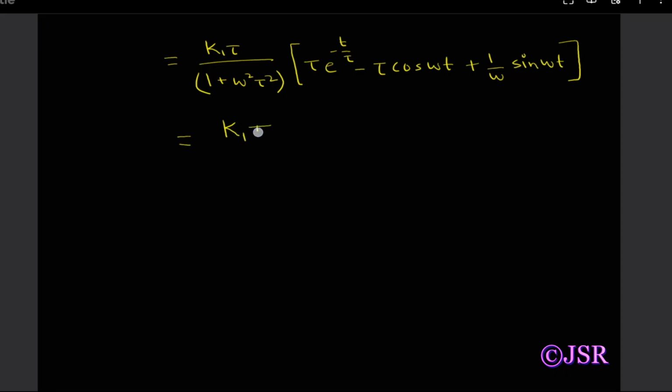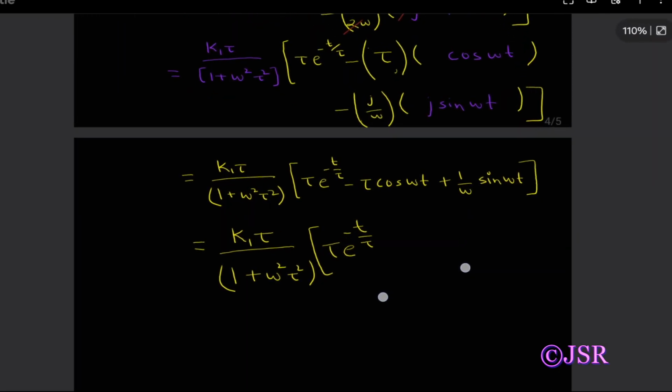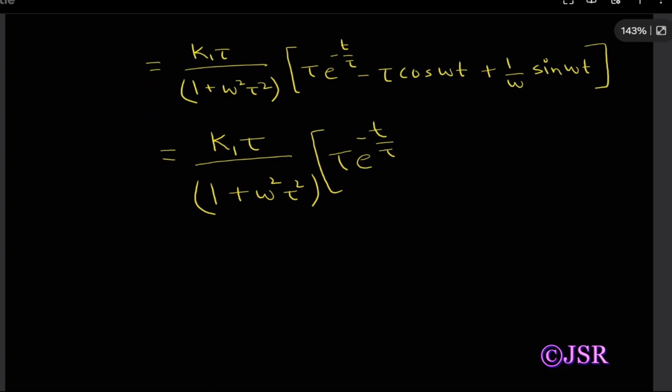And this further can be simplified as k1 tau upon 1 plus omega square tau square. The first term will remain as it is, e to the power minus t upon tau, and the second term can be written in this form, right?